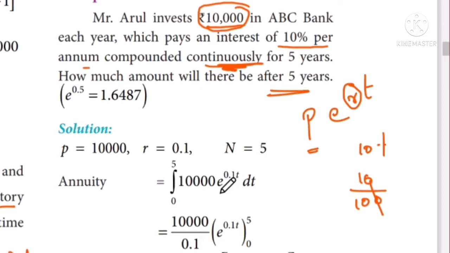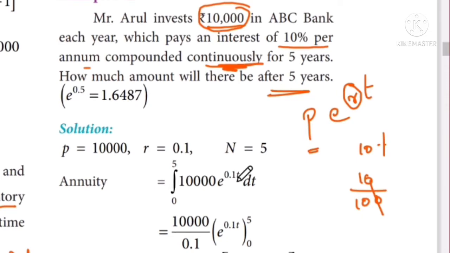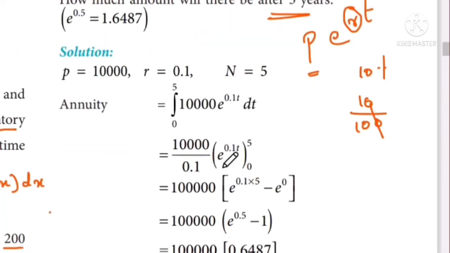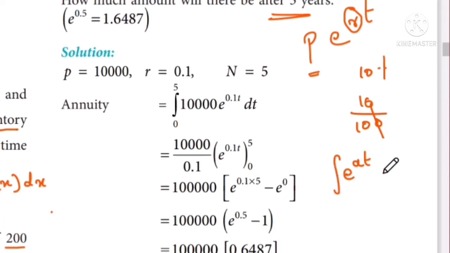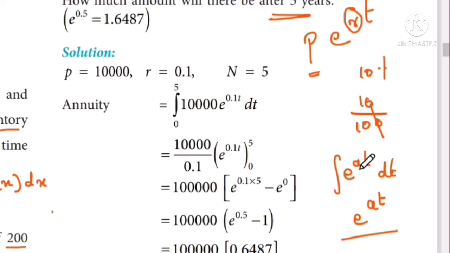If they ask you the present value, the formula will be e power minus RT. So this is 10,000 e power 0.1t. The integration of e power at is e power at divided by a.